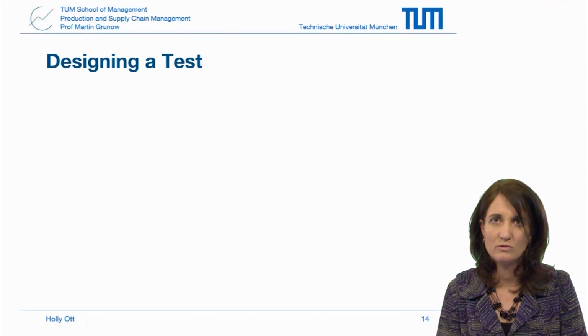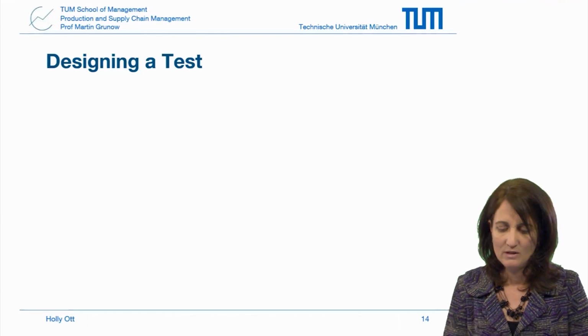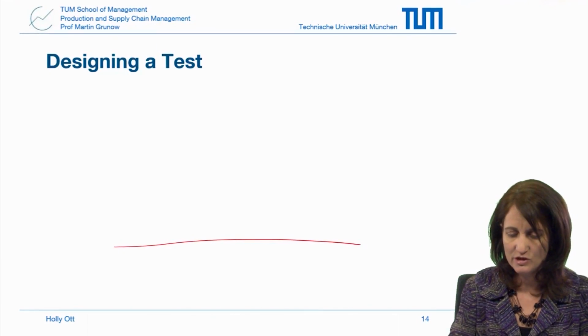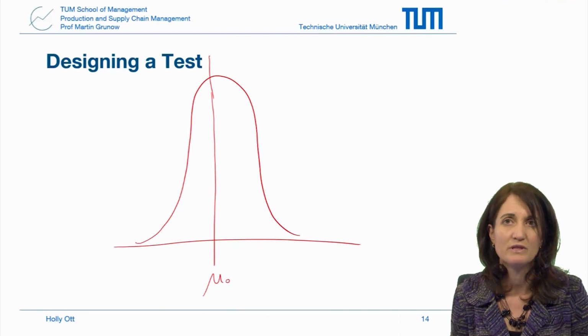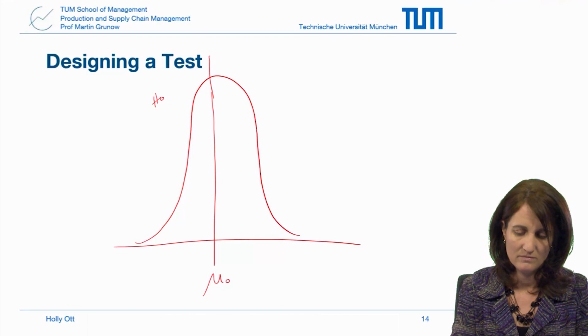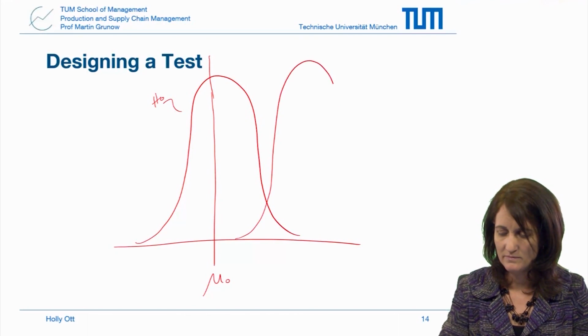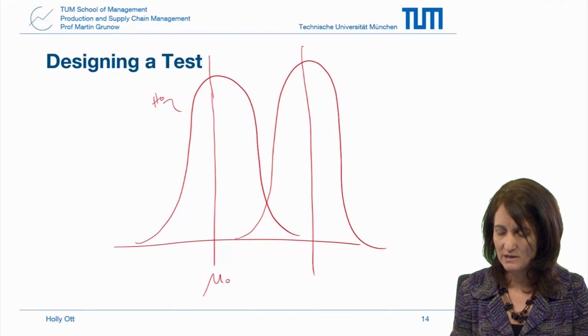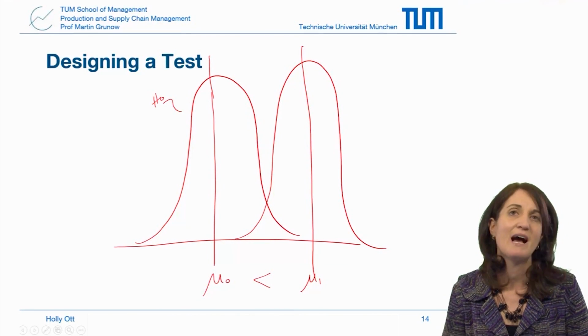So I would like to take one more look at the designing of the test now that we've reviewed again the concept of the test statistics. So once more, we have a distribution H0 around a mean, mu0. Now we have a claim for our rope example that our product has a higher mean.